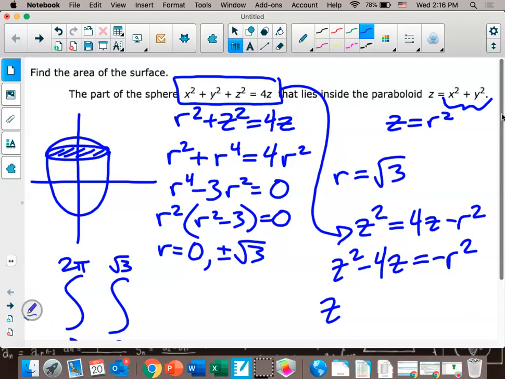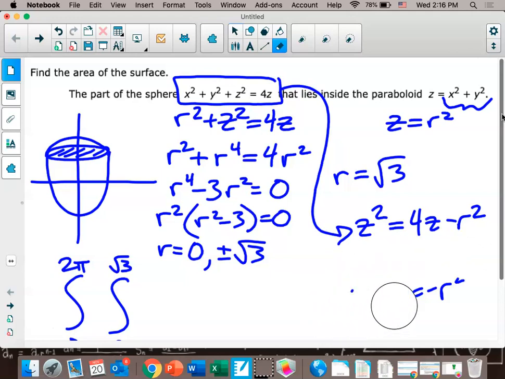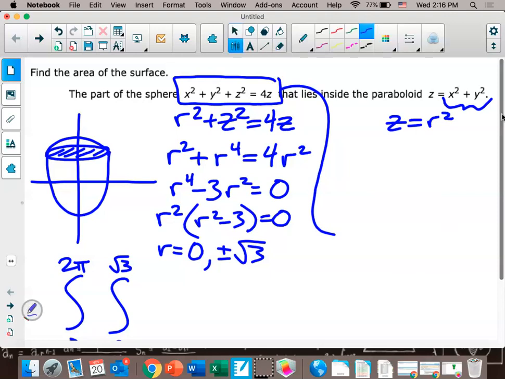Maybe you complete the square. Z times z minus 4. That doesn't make any sense. Let's see. How do I solve this for z? This one's easy. That one, I can't figure it out.